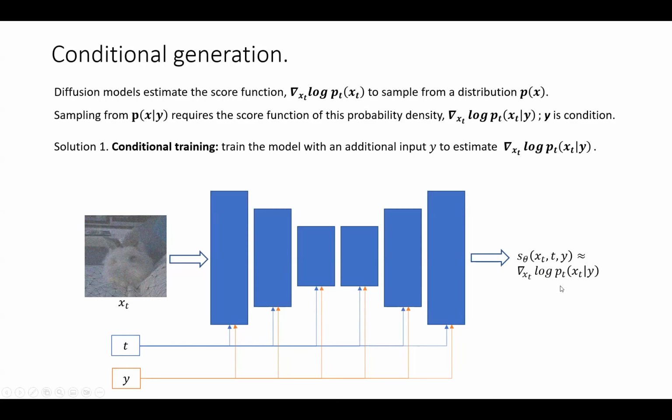Then this will estimate the score function for that conditional probability density function, p_t of xt given y. So this was just p_t; now here we have the condition y. So that's one approach.